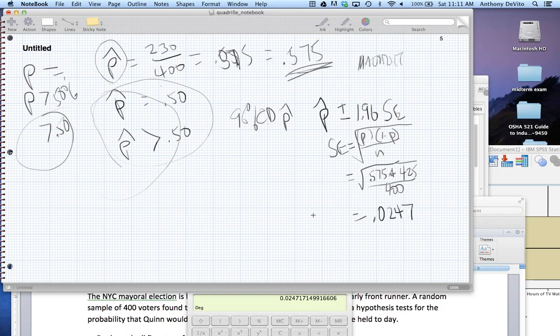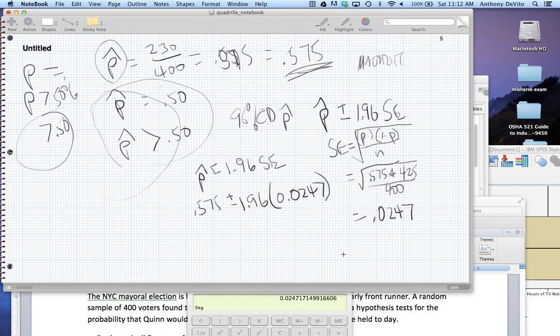0.0247. Okay, so now in order to find our confidence interval, it is p-hat plus or minus 1.96 times the standard error. So it's going to be 0.575 plus or minus 1.96 times 0.0247, or 2.5%.